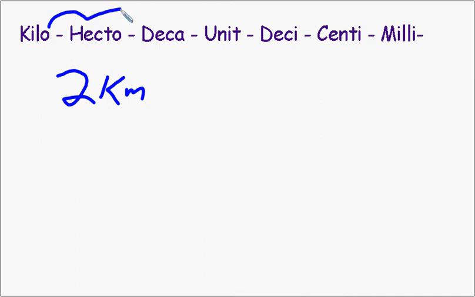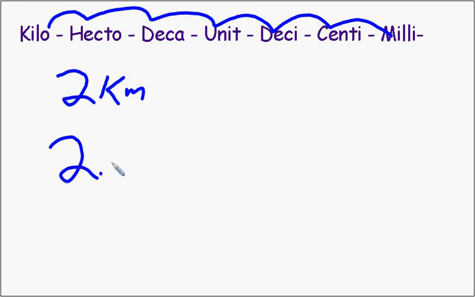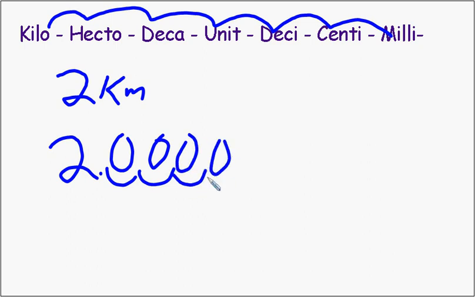That's 1, 2, 3, 4, 5, 6 to the right. So the decimal point would be here. 1, 2, 3, 4, 5, 6. So that would be 2 million millimeters.